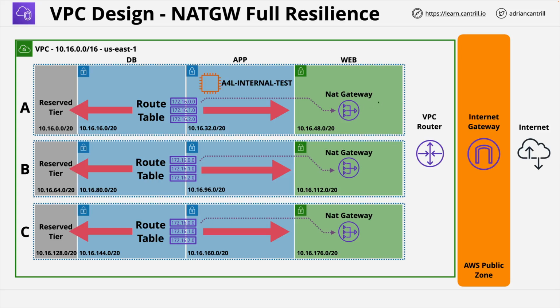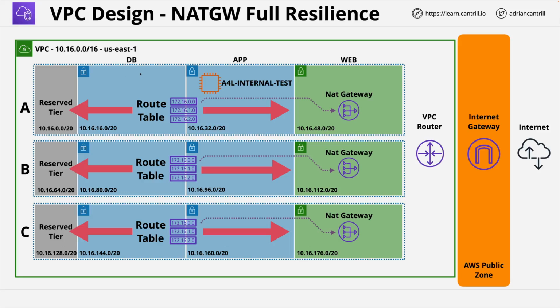In this demo lesson you're going to add NAT gateways into each availability zone, so A, B and C, and this will allow this private EC2 instance to have access to the internet. Now you're going to be deploying NAT gateways into each availability zone so that each availability zone has its own isolated private subnet access to the internet.